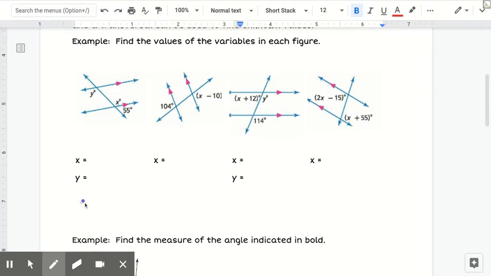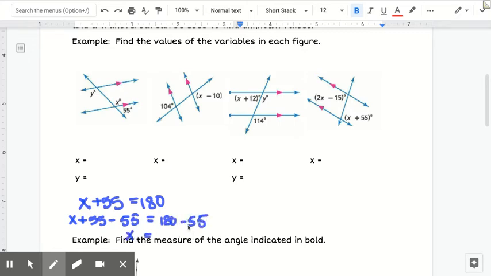I'll say x plus 55 equals 180, and solve using the subtraction property of equality: x plus 55 minus 55 equals 180 minus 55. On the left, that gives me just x, and on the right, 180 minus 55 is 125. So the value of x is 125.